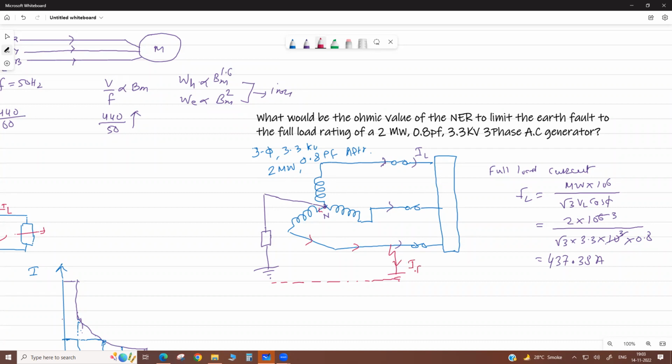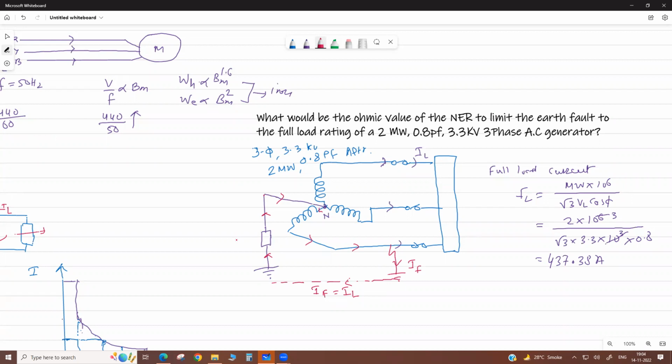That is your fault current, which flows through the neutral. Now it is very high. So we limit this earth fault current, similar to a short circuit current, up to the full load current.